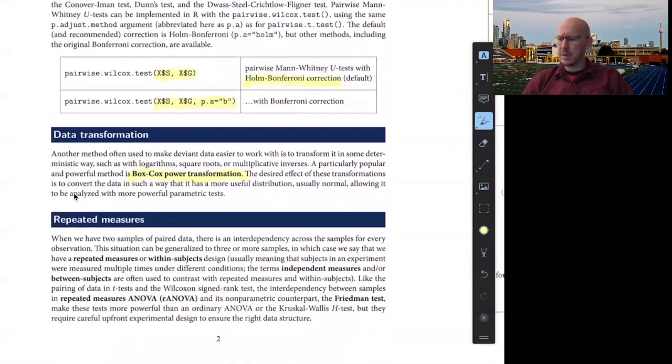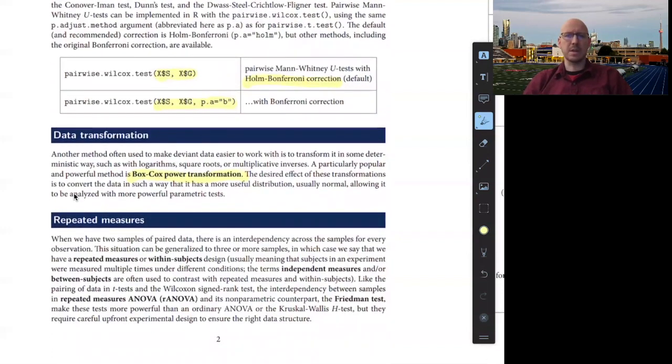Finally, I want to talk a little bit about when we've worked with data that is paired, you've got two samples and each data point is matched across the samples. There's a more general term for this called repeated measures or within subjects.